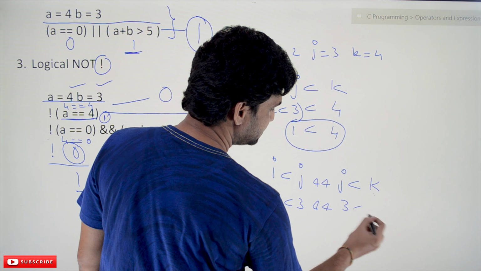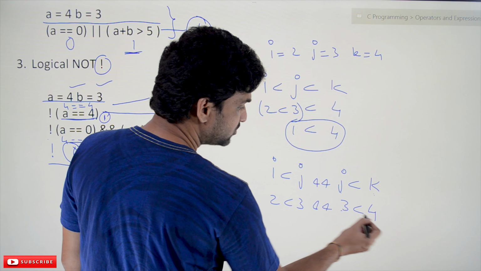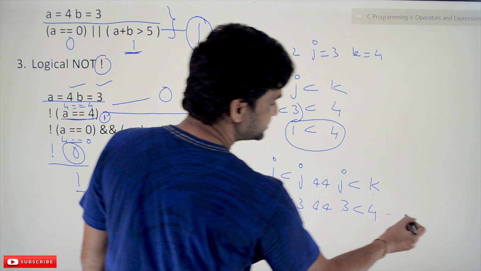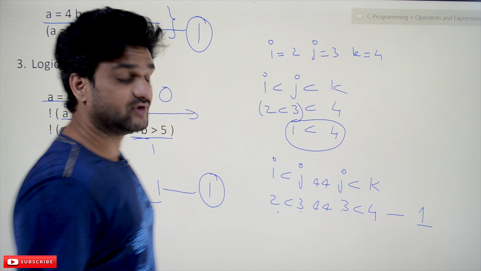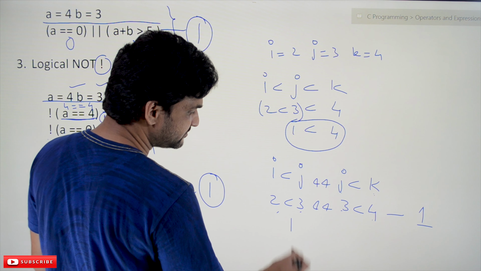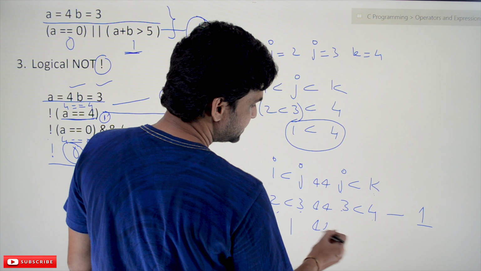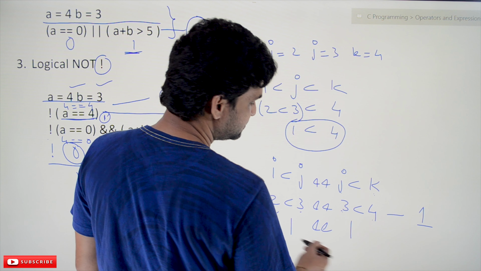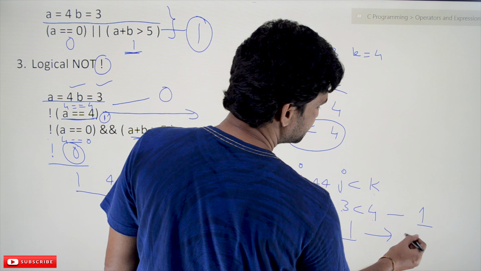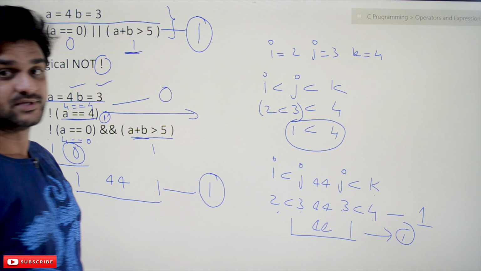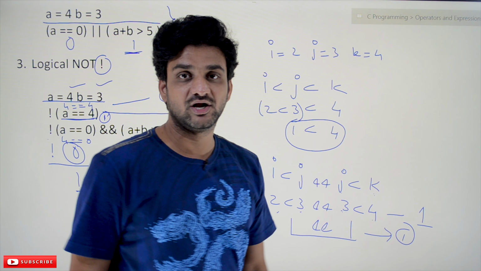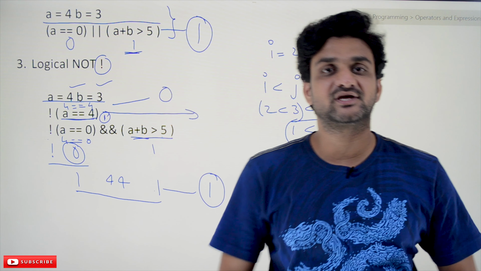So 3 less than 4. If both of them evaluate to true, then it is going to produce an output of 1. Is it true? Yes, 2 is less than 3, 1, and 3 is less than 4, it is 1. So 1 and 1, it is going to produce an output of 1. So this is all about logical operators. Hope you got the clarity on this concept.